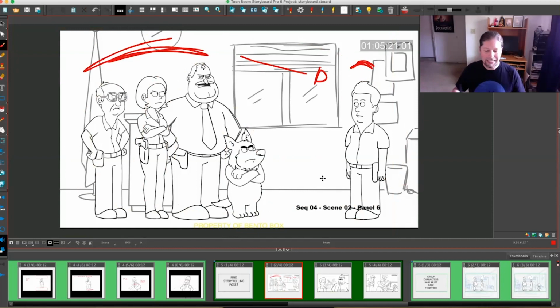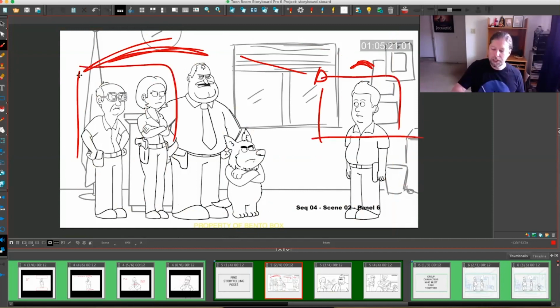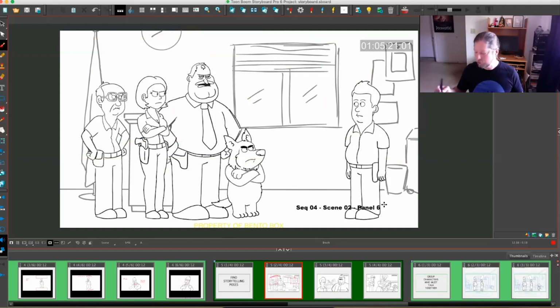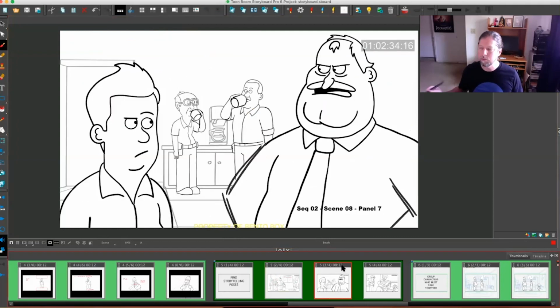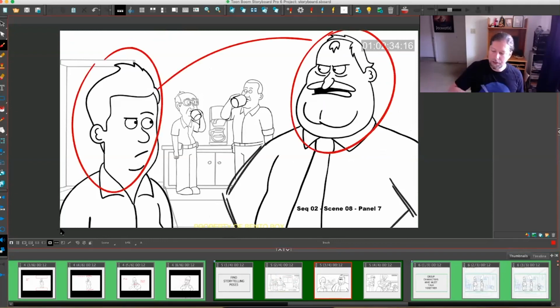Now, cutting in to close or group shots, depending who's talking, will all stem out of this main storytelling pose. So first thing you want to do is go through and find your storytelling poses for your sequences, and then everything will break up from there. In this example, for instance, Chief is talking to Kevin, but Fitz in the background overhears them give an important piece of information.